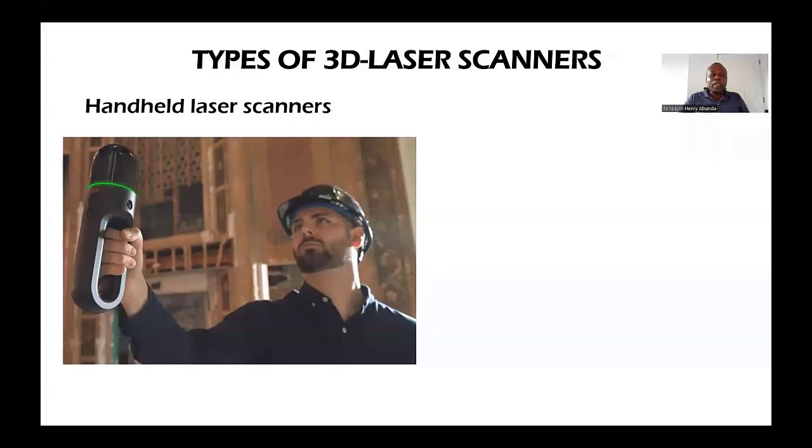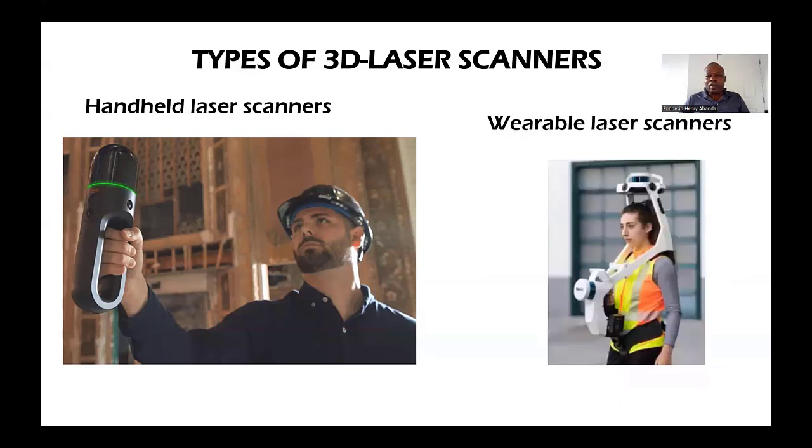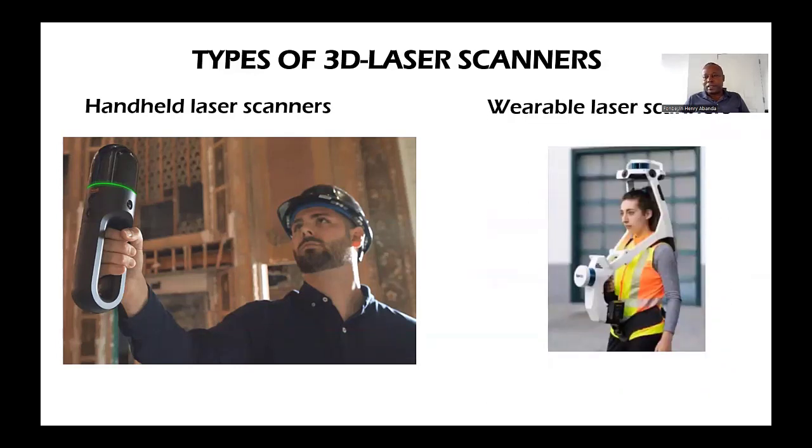Then we also have handheld laser scanners, the one just like you've seen there. You hold it with the hand instead of using a tripod. Then we have wearable scanners that you wear on your body, then you move around, scanning whatever object or environment in which you find yourself.